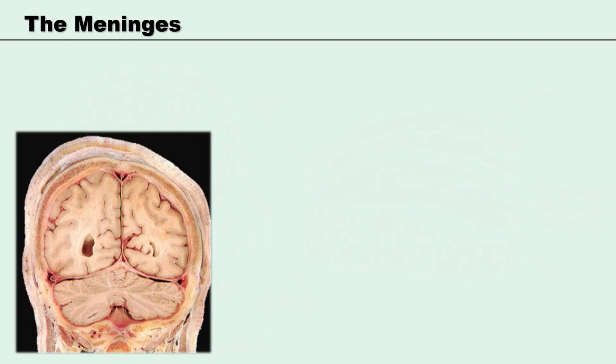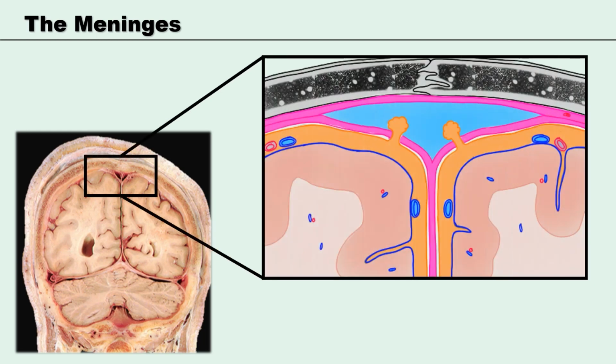On this coronal cadaveric image we can see some layers of the dura around the brain, but let's just zoom in on this space to see how the two layers of the dura separate and how this interacts with other layers of the meninges. In pink we can see the dura mater, and we can see that there are two layers. We have the periosteal layer and we have the meningeal layer.